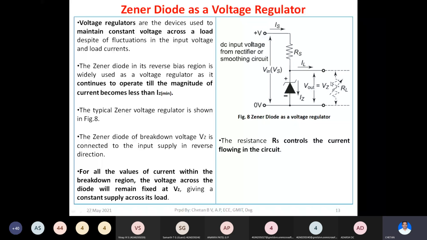Whatever the voltage drop is across this diode, which is VZ in the reverse breakdown region, the same voltage will be across this RL. Therefore, Vout will be equal to VZ. Hence, it maintains a constant output voltage across the load. RS here is used to limit the value of IS.